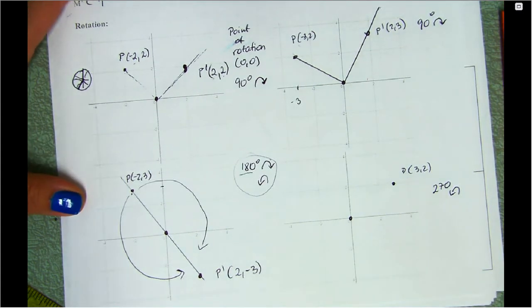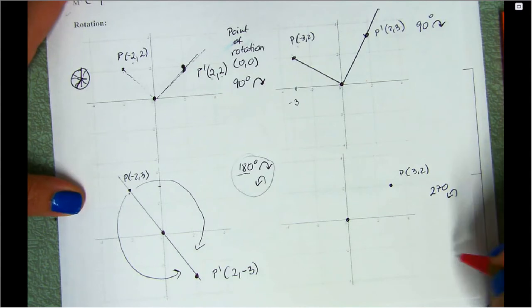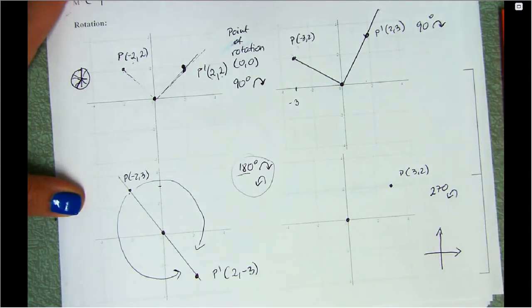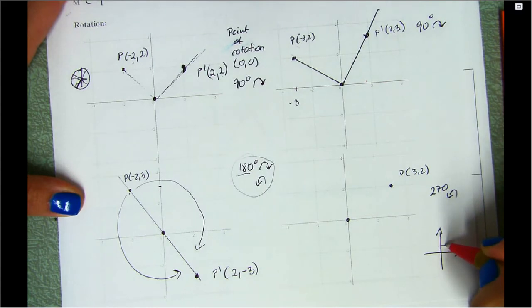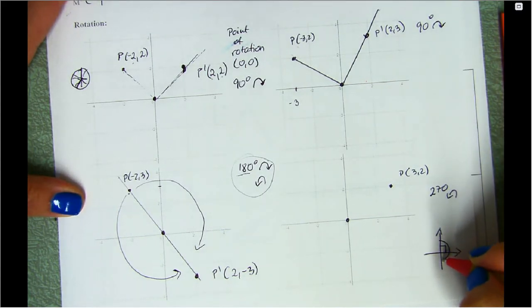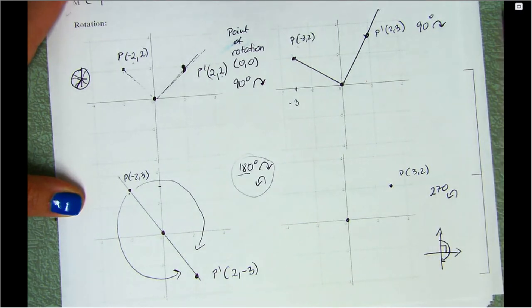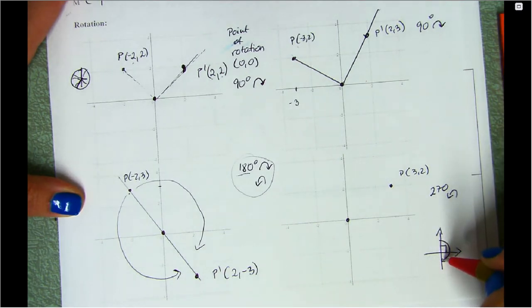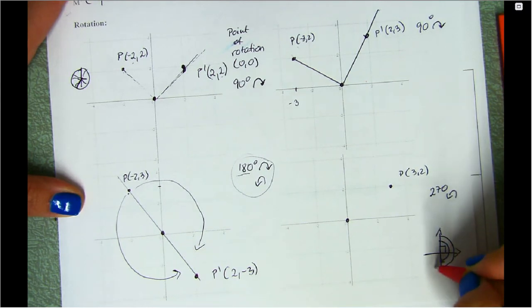All right. If you can imagine, this is not as hard as it seems. This is 90 degrees, right? This is 180 degrees, so 90 and 90 is 180. If I add another 90, that's going to be this whole turn.